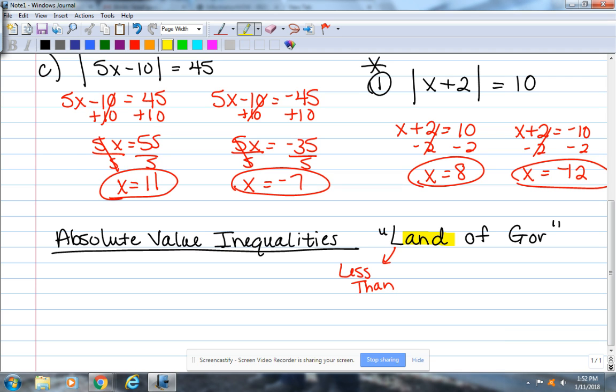And if we see a greater than or a greater than or equal to, it's going to be an or problem. So and goes with the L to make the word land, and or goes with the G to make the word goer. So land of goer, less thans are ands, greater thans are ors. Okay?